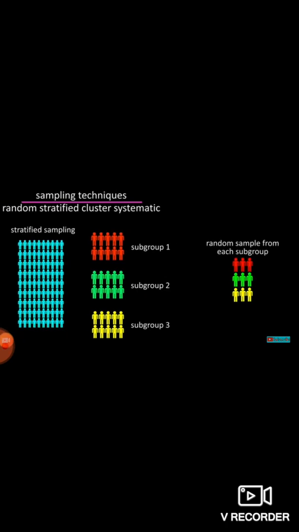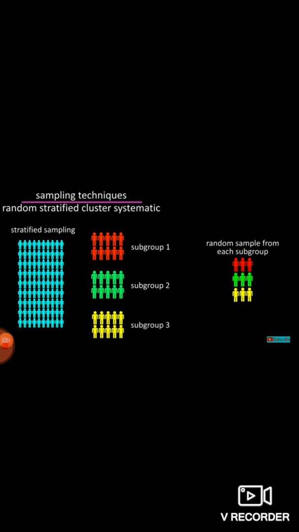So there are some merits of this. It ensures that we include items which are more representative of the population. The sample is more representative, and it is very easy if we can subdivide the groups. It is easy to divide them. It gives accuracy, and these are some of the merits.